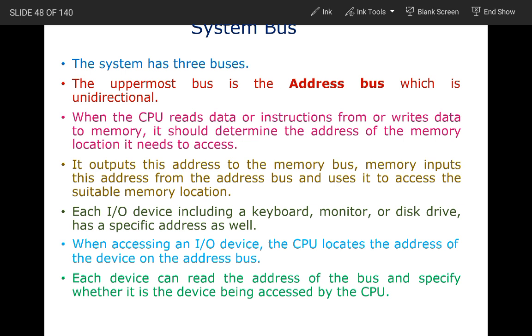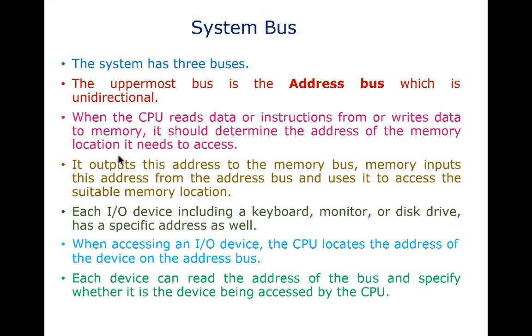For example, the processor wants to access a memory location, say location 1000H. It places the value 1000H on the address bus. Automatically the memory uses this address to identify the particular location involved in that operation. Therefore the address bus is mainly used to identify a location.